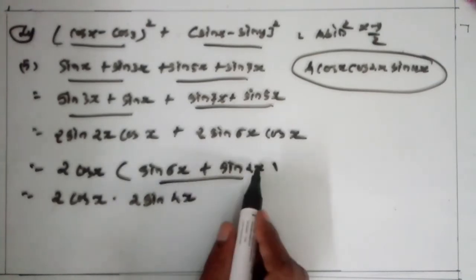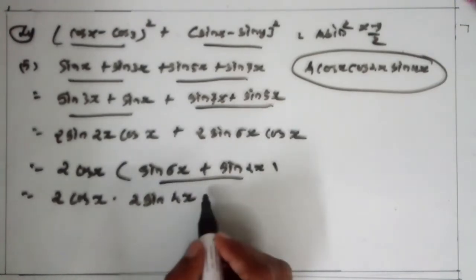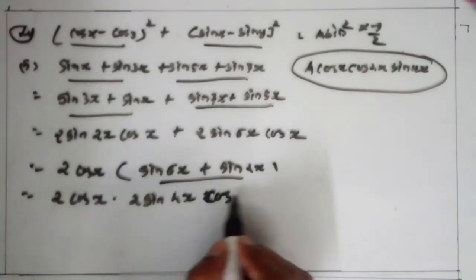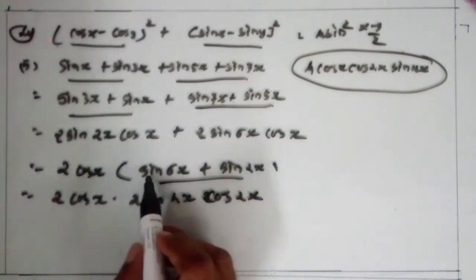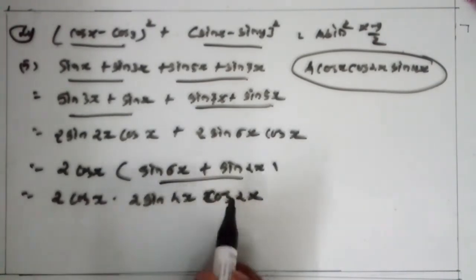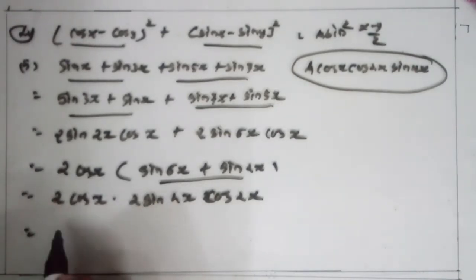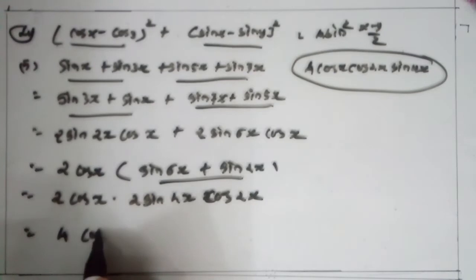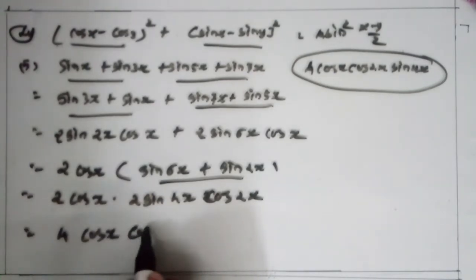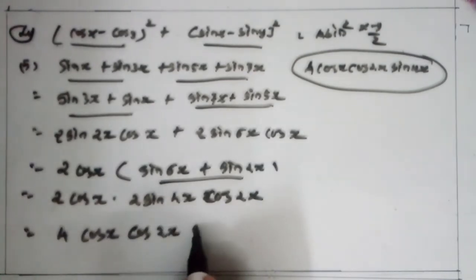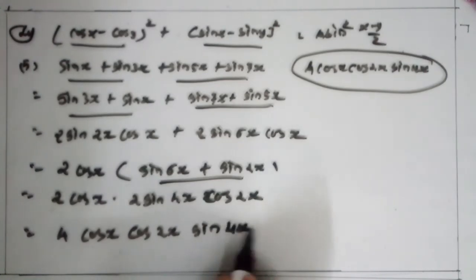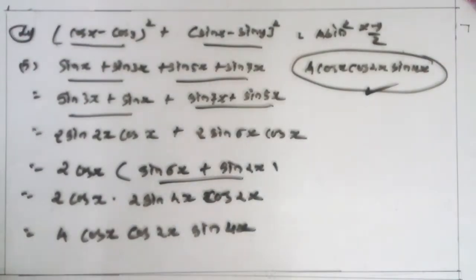And 6x minus 2x, 4x upon 2, that is 2x, into cos 2x. Clear? s plus s is equal to 2sc. So this becomes 2 into 2, 4. 4 cos x cos 2x into sin 4x. Hence true. Clear?